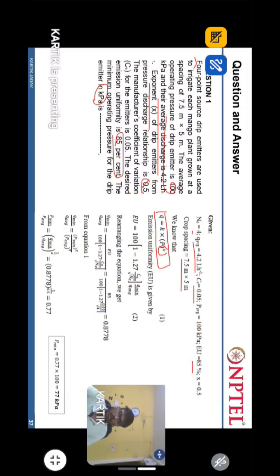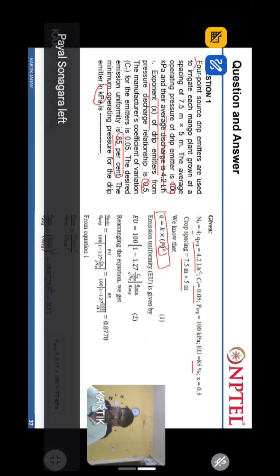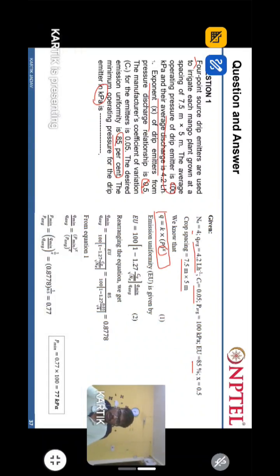So Q min by Q average is equal to EU by 100 into this component, right? So EU is given as 85, 100, 1 minus CV is 0.05 and number of emitters is 4. So the ratio of Q minimum by Q average, we found, is 0.8778.